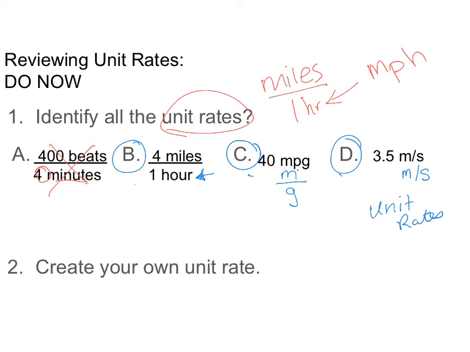Okay, and then to create your own unit rate, you could have said maybe 50 gallons per second. Or you could have said something else. Anything that had a 1 on the bottom would be a unit rate.